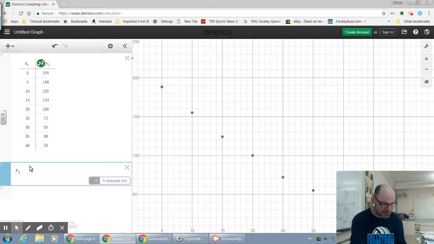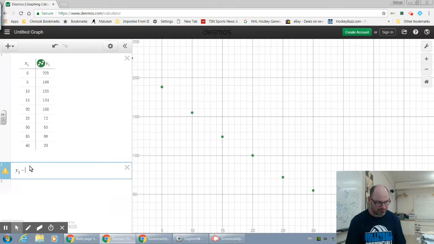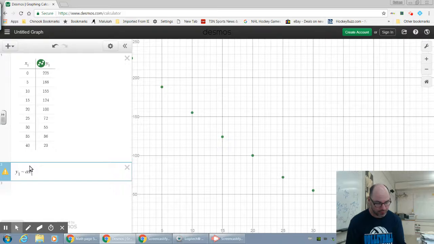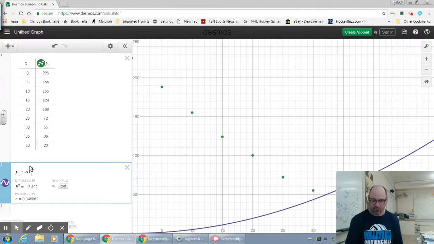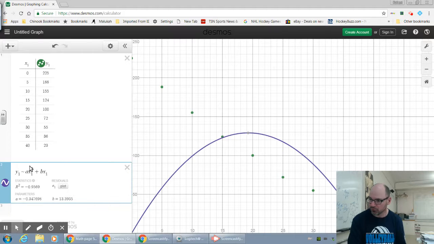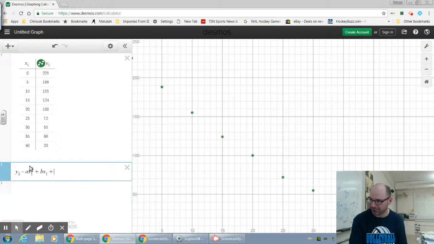We use that approximation sign, that's above the tab key on the keyboard here. I don't know where it is on a Chromebook, but hopefully it's there. And then we got to put in ax1 squared, so shift above the 6 for squared, plus bx1 plus c.